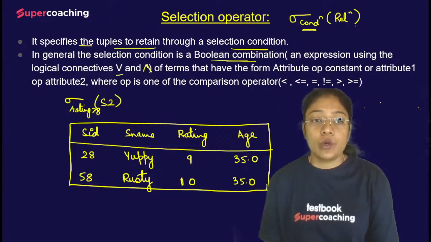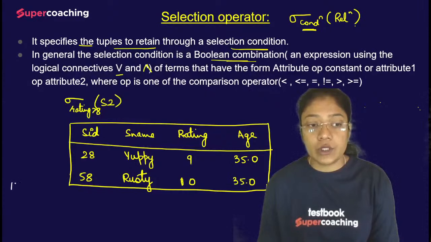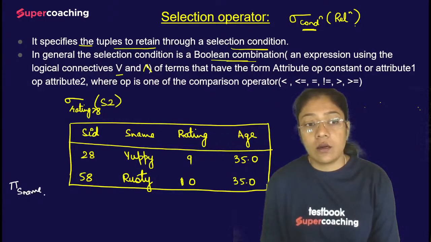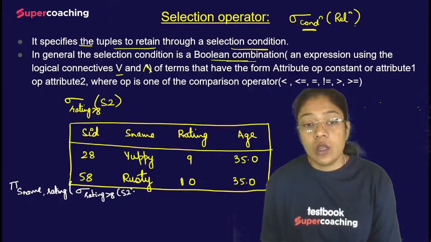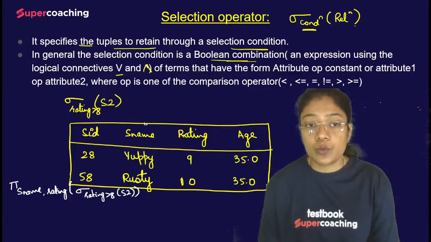Okay, so now I don't want to return all the attributes of the relation. I just want to project the name and rating from the resultant table that is coming from the above query, rating is greater than 8 on S2. So the inner query का result already आपके पास आ चुके हैं. From this, I just want to project 2 columns.